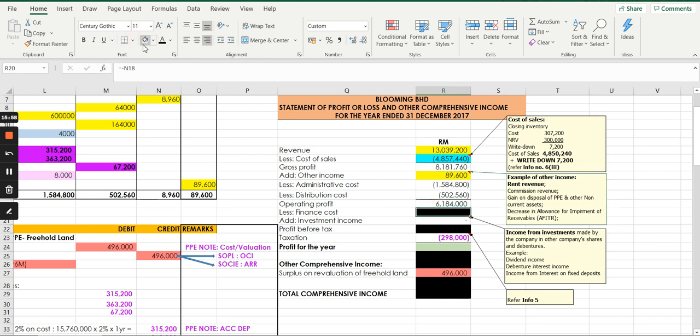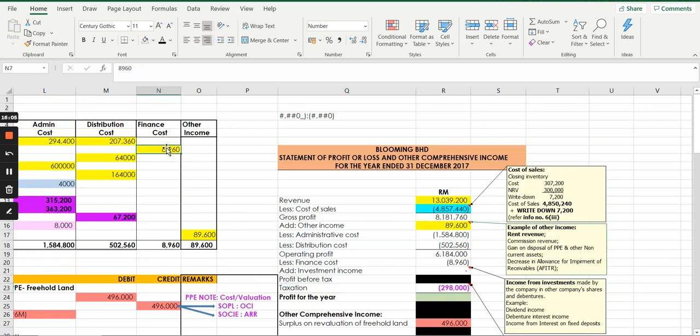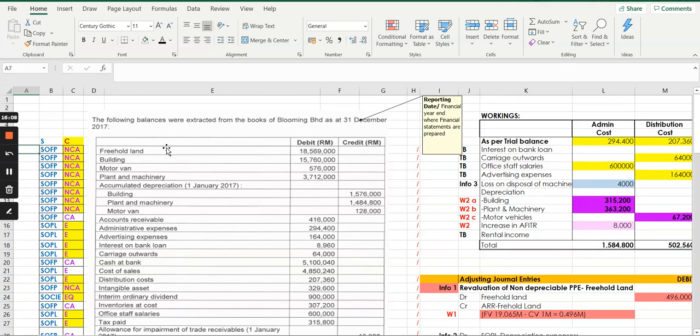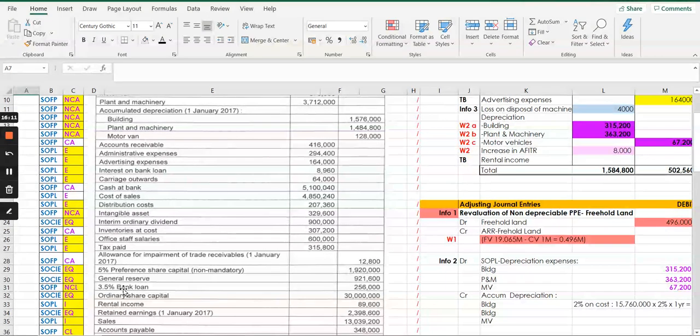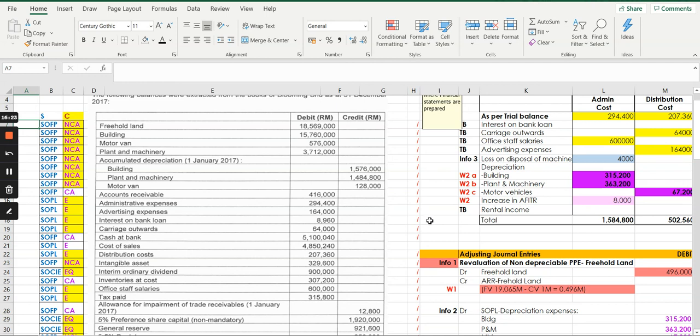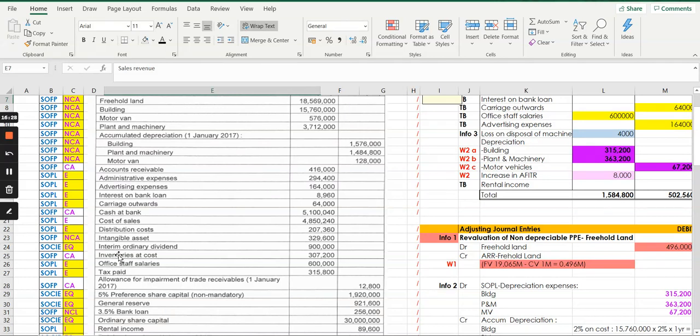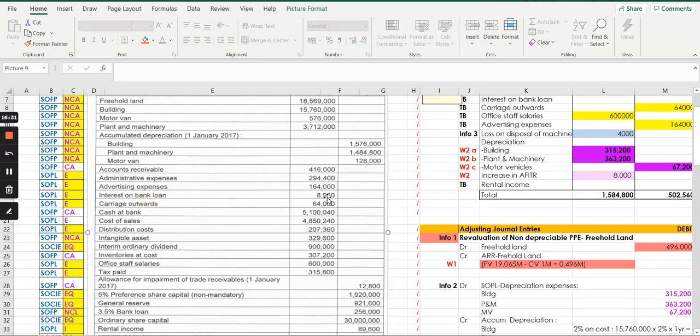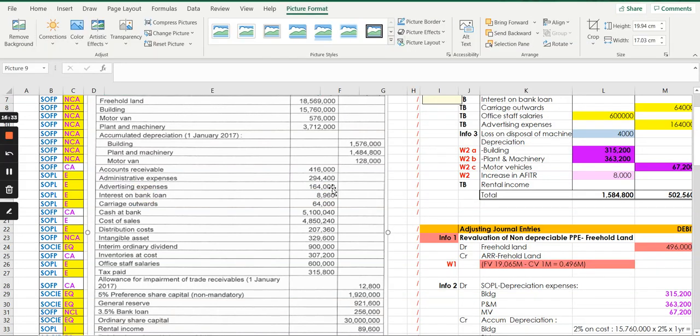Your finance cost: there are no other changes, because this one is related to the finance costs that have been provided enough, just to share with you that part, for the part relating to the bank loan. If you take your calculator, 3.5% from 256 for 1 year, you'll get exactly 8,960. So that is already provided correctly in your interest on bank loan, right?